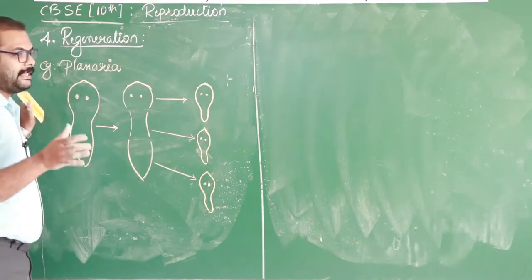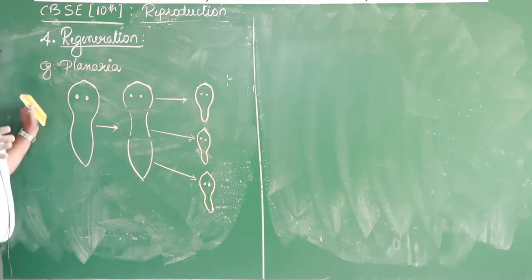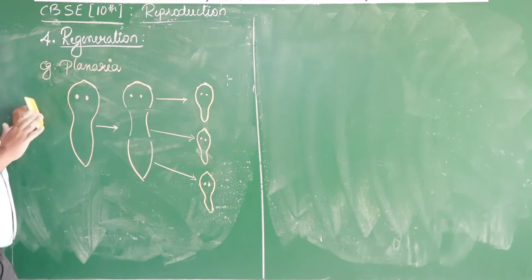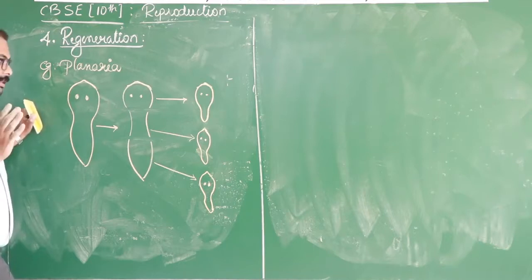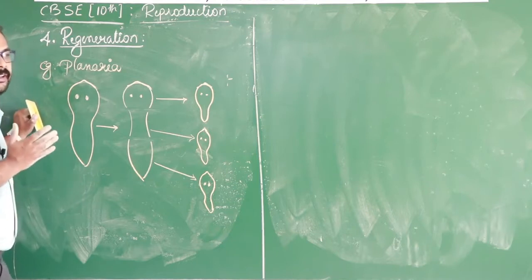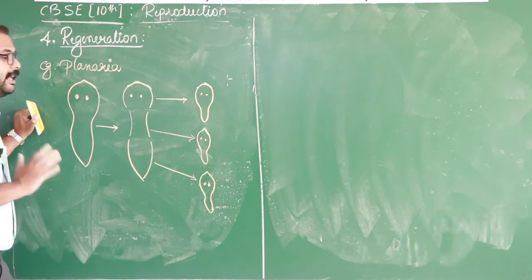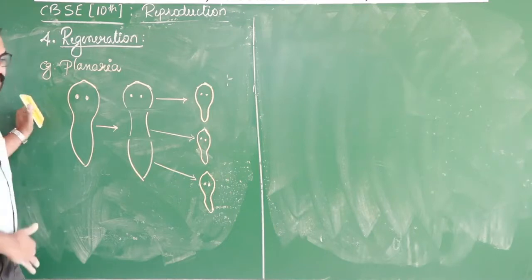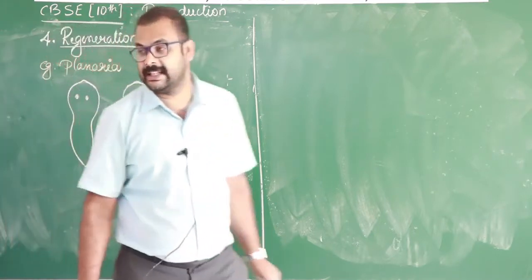That is the degree of organization: cells to tissues, tissues to organs, organs to organ systems. This is what we call organization of the body. As the organization is very complicated, meaning they have a high degree of organization, regeneration is not possible in higher organisms. So this is the fourth method, regeneration.